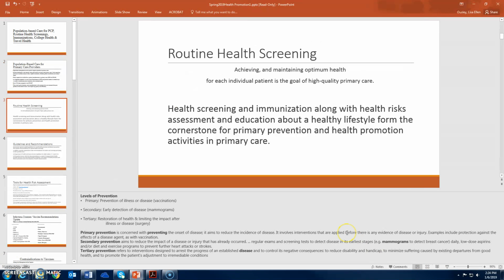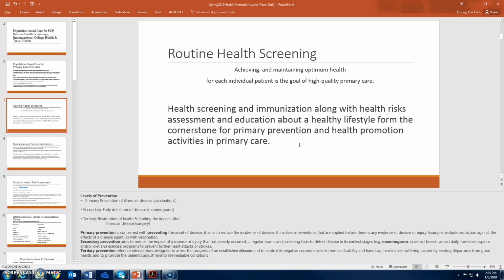Let's look briefly at routine health screenings and what the implications are for achieving high quality primary care for our patients. We know that health screenings and immunizations, along with health risk assessments and education about a healthy lifestyle, form the cornerstone of primary prevention and health promotion activities in primary care.